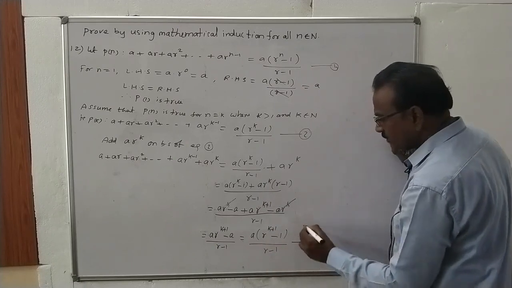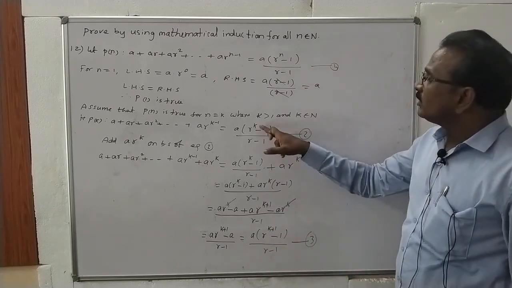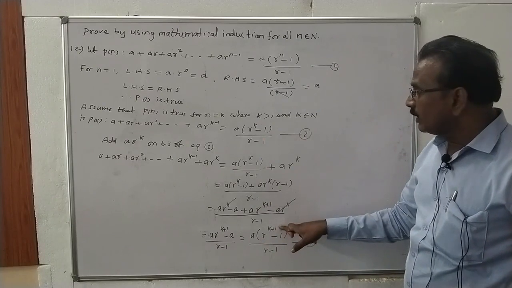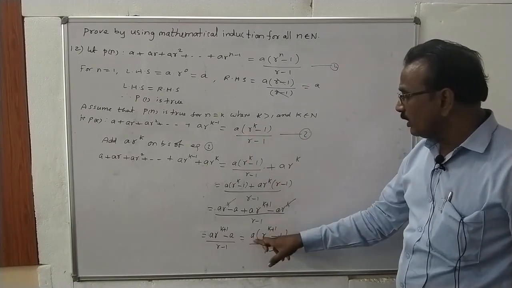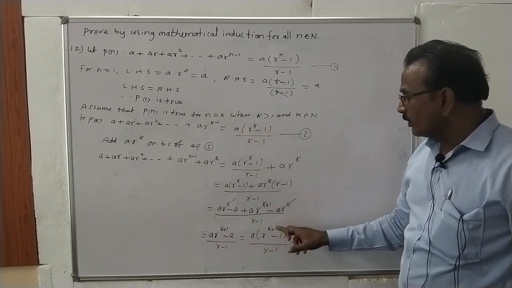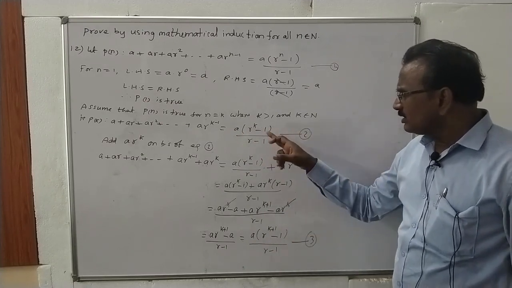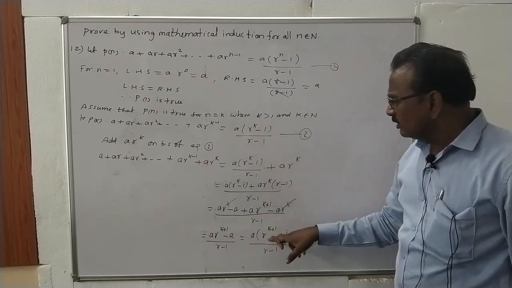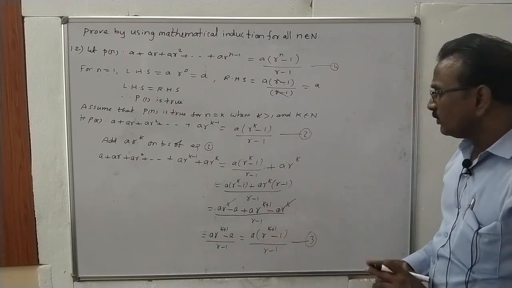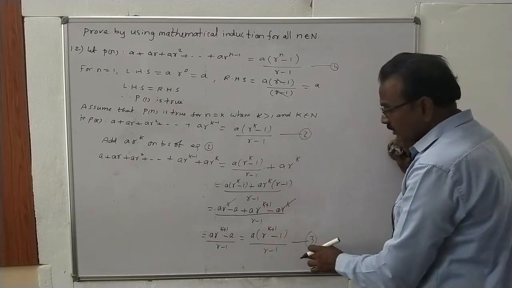This is equation 3. So compare 2 and 3. In place of k there is k plus 1, remaining as it is: a into r power k plus 1 minus 1 divided by r minus 1. So just here in place of k there is k plus 1 in equation 3. Therefore if 2 is true, automatically 3 is true.